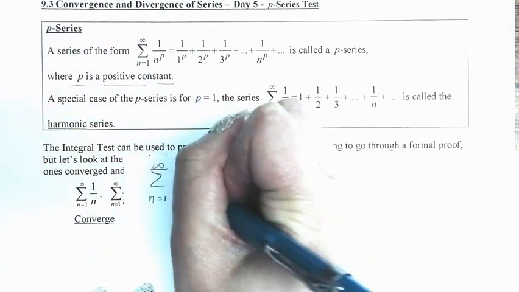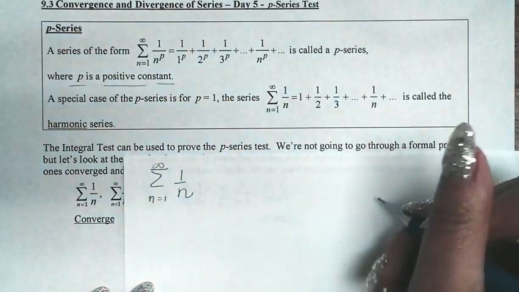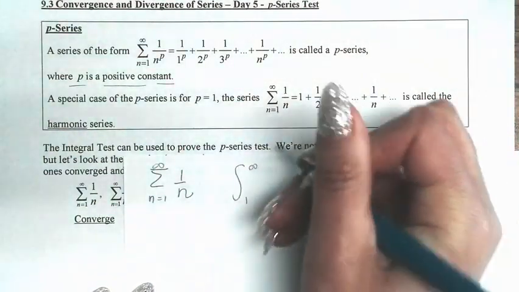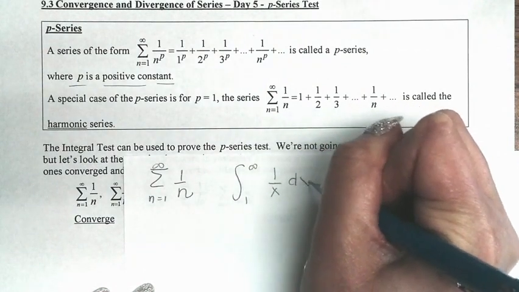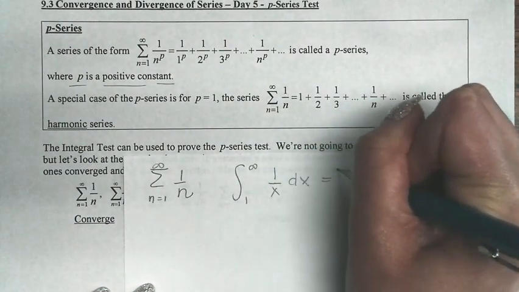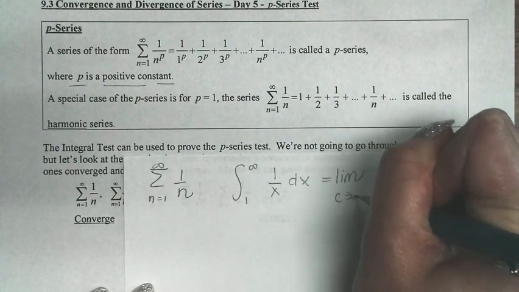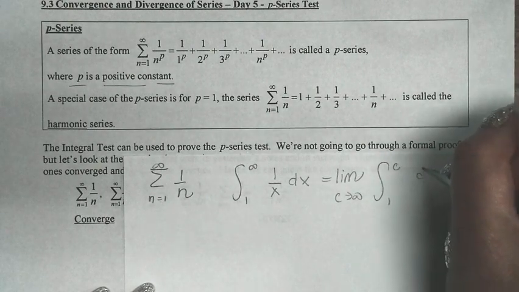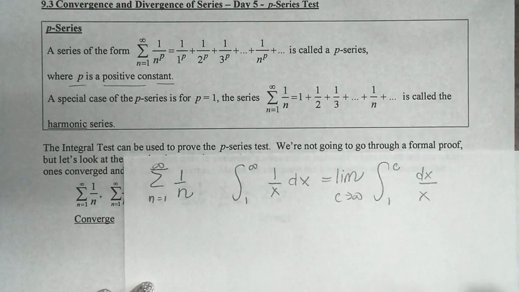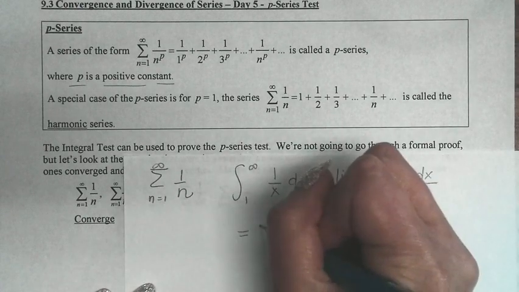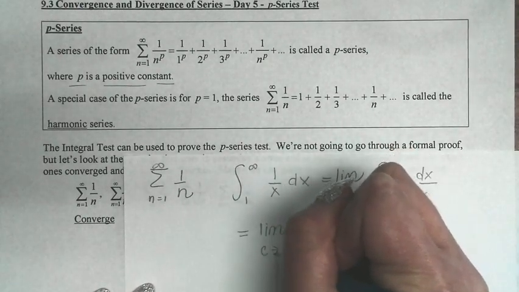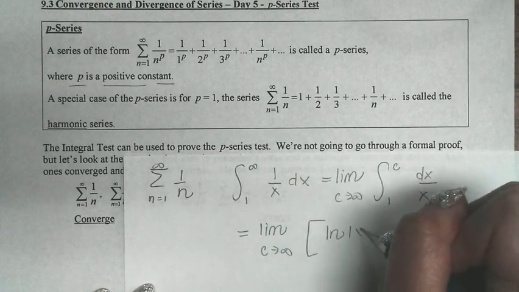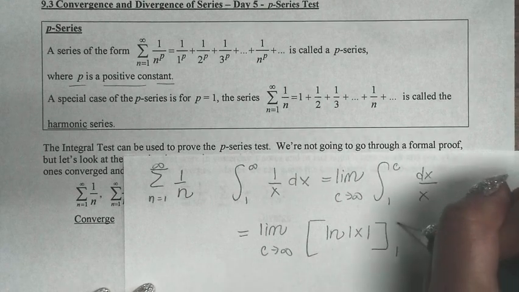So this is your harmonic series, and the most natural test to use here would be the integral test. You would have the integral of 1 over x dx. This is going to be the limit as c approaches infinity of the integral from 1 to c of dx over x, which is the limit of natural log of absolute value of x evaluated from 1 to c.